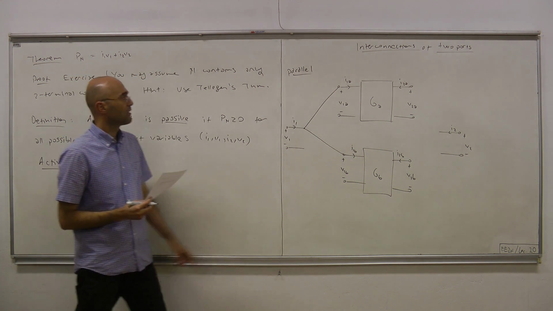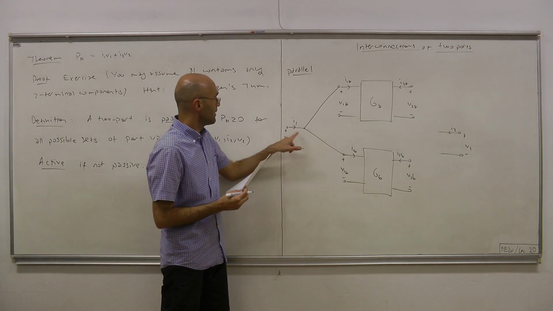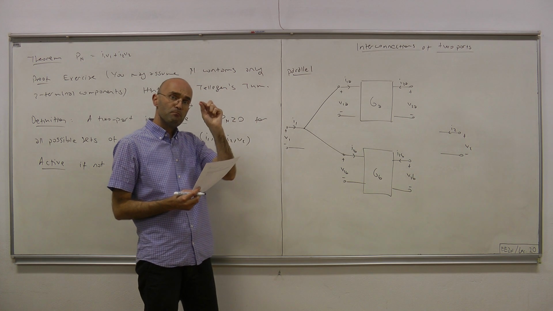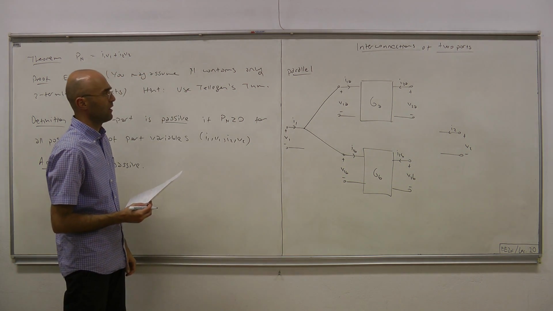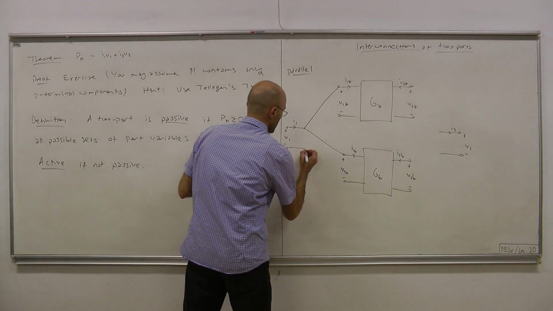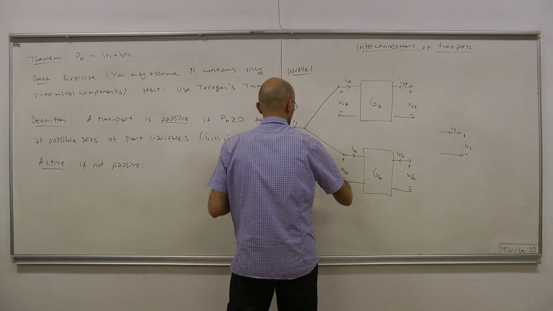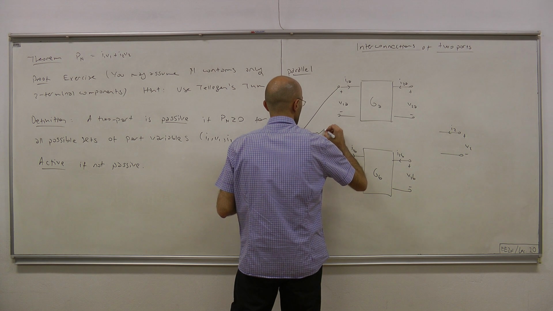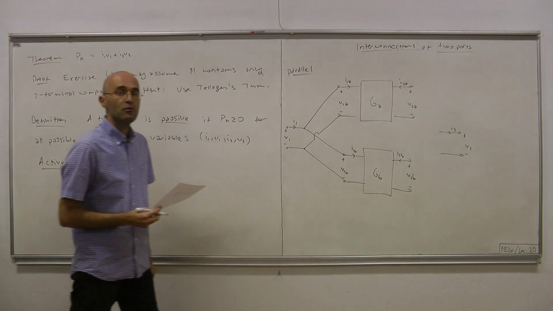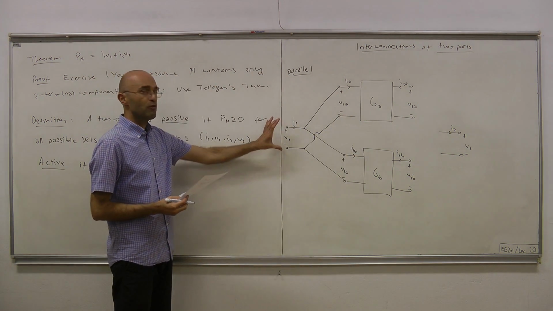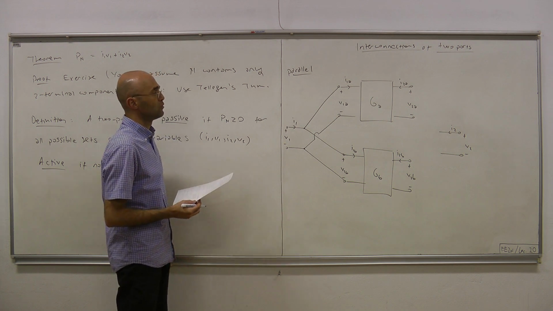Therefore, this, that, and those terminals all make up a single node in our connection. And then the other terminal you connect to the remaining first terminals. Okay. And that's how you construct the first port of your new 2 port.